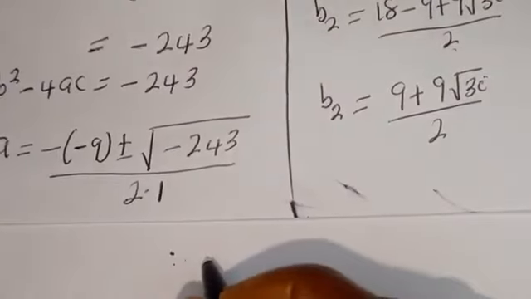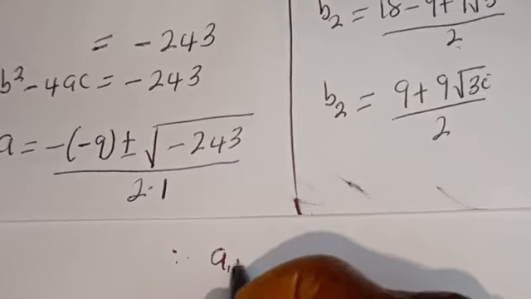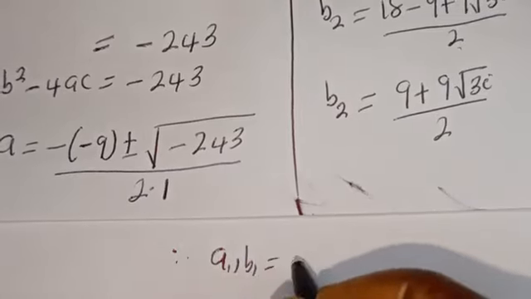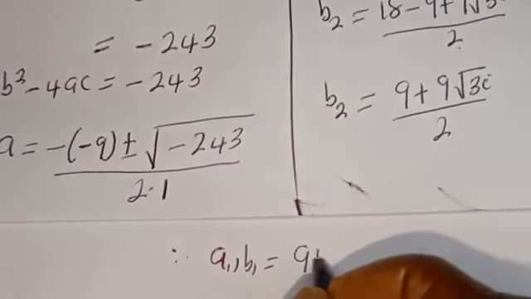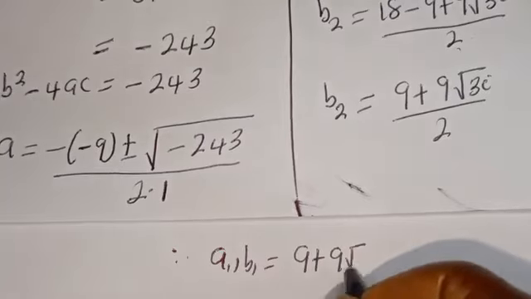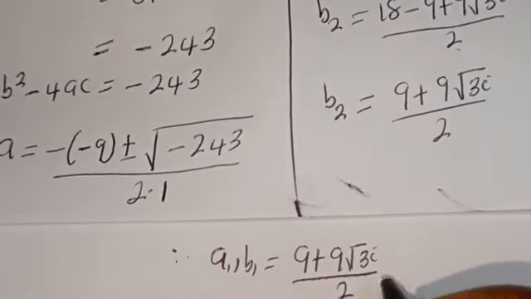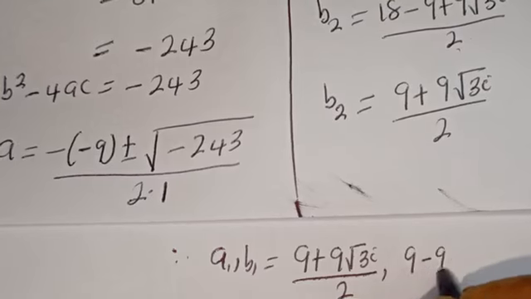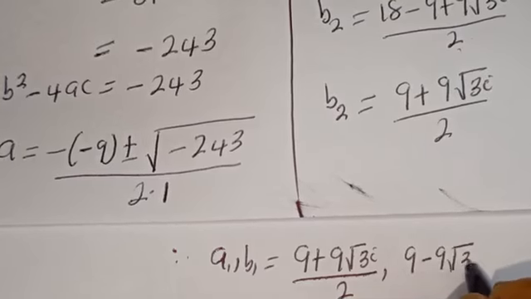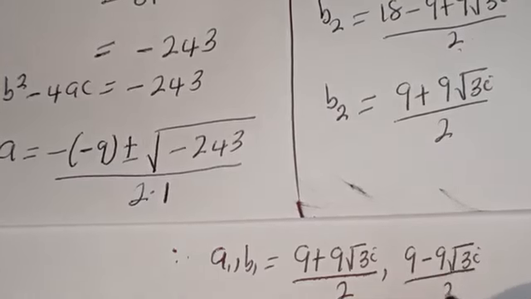Therefore, a1, b1 is equal to 9 plus 9 root 3i divided by 2, 9 minus 9 root 3i divided by 2.